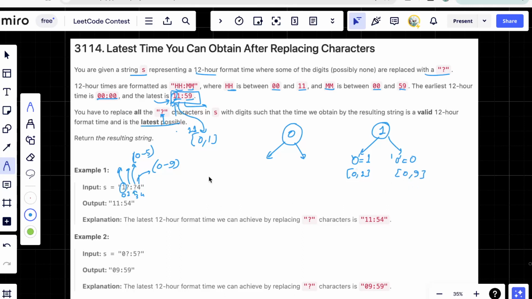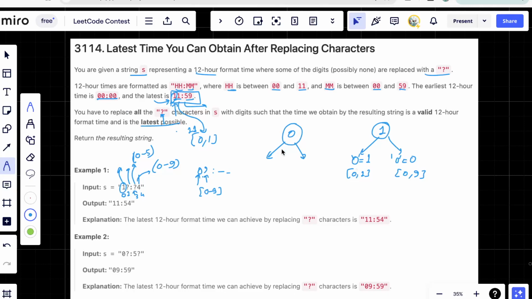So it's like we have a 0 here, and there is a question mark. We don't really care about the others right now. So I want to fill this, so I'll check what is at the 0th index. If this value is 0, then the range is 0 to 9 here. I hope that makes sense now.